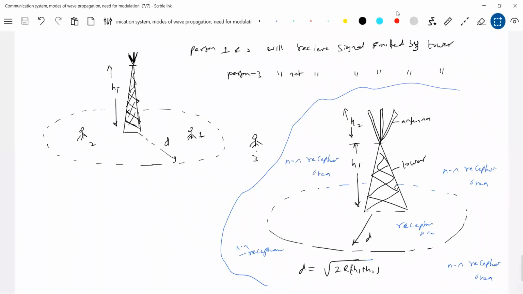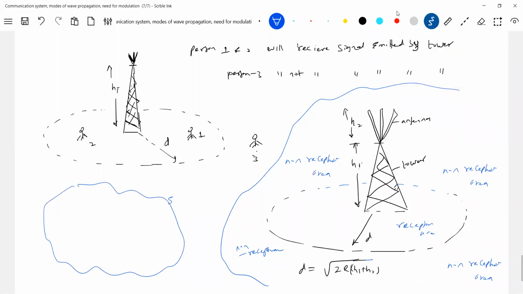Say the total Hyderabad area is around 500 square kilometers, and each antenna will cover 50 square kilometers. How many mobile towers are needed? 10 mobile towers.